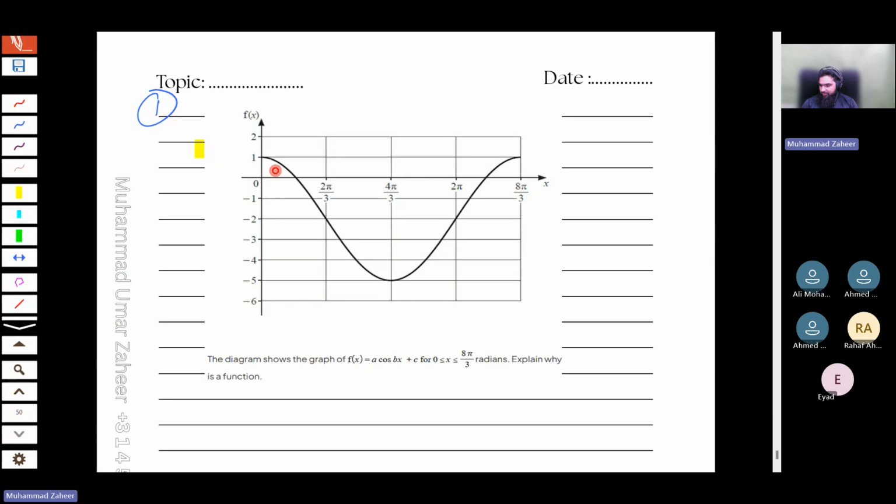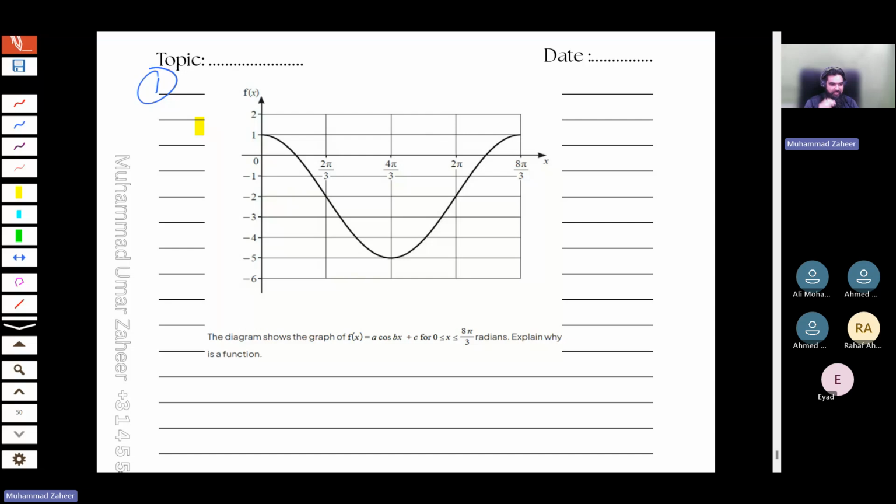You have every input mapping to a single value. If you substitute, for example, pi or pi by 2 or 4 pi by 3, you are going to get a single value. So for each value of x, you get a unique value of y. So this means that it's the graph of a function.